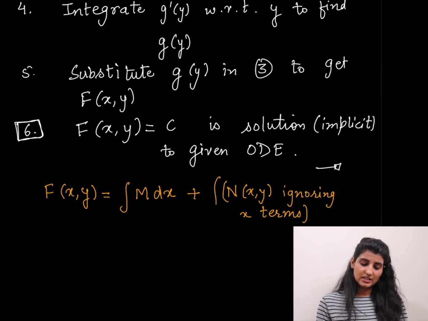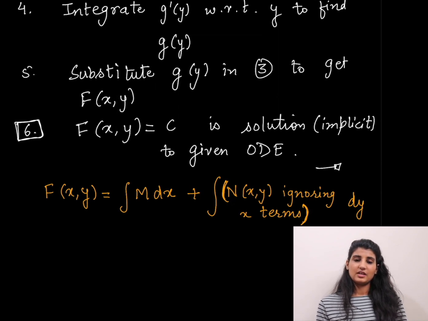So you will integrate that with respect to y, and you will get your f(x,y). By ignoring x terms, I mean if you have say a term 4xy, you won't just ignore 4, you will ignore the whole term 4xy. Suppose your N is y squared plus 4xy, so you will only consider y squared and not 4xy.